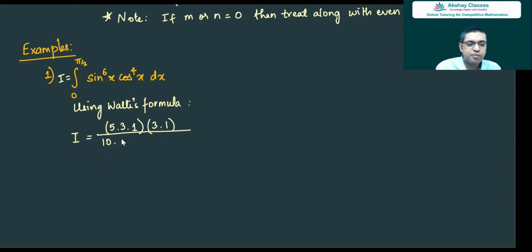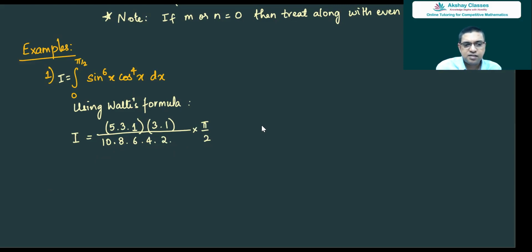Keep reducing and writing the alternate numbers: 10, 8, 6, 4, 2. That's it. You cannot write 0. It will end in 2. Multiplied by, because both are even, pi by 2.